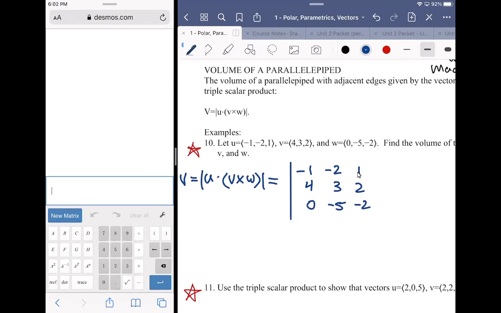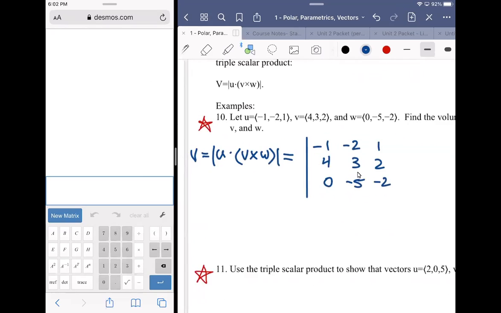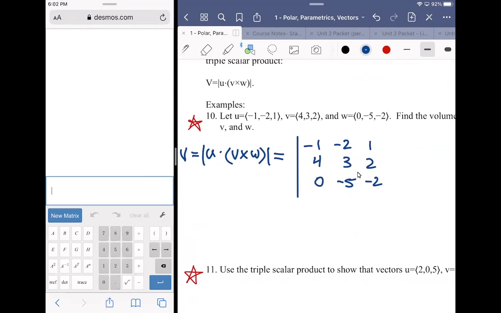All right. Now, it is important to note that you have to be dealing with 3 vectors that make up adjacent sides of the corner of a parallelepiped. But you know that's the assumption here, because it says it flat out in the problem. It's more of a statement of fact than an assumption.